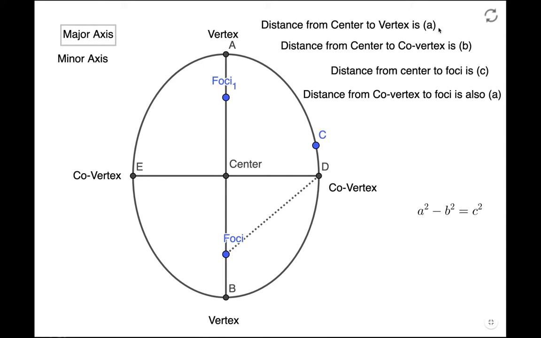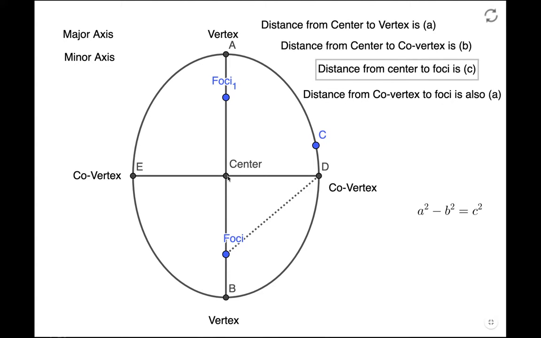A major axis is twice A, or half the major axis would be A. The minor axis is twice B, or the length of B would be half the minor axis. The length C is the distance from the center to a focus.